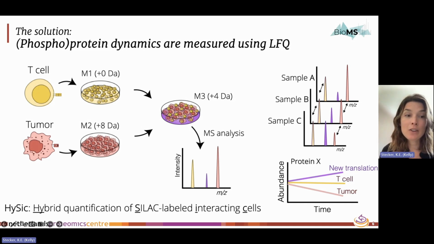And we called this method hybrid quantitation of SILAC labeled interacting cells, HiSeq for short, because here we're using two different quantitative methods to tackle the problem of tracking protein dynamics from two different cell types as they interact.